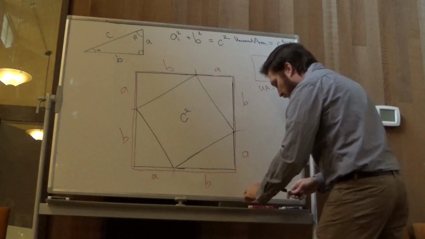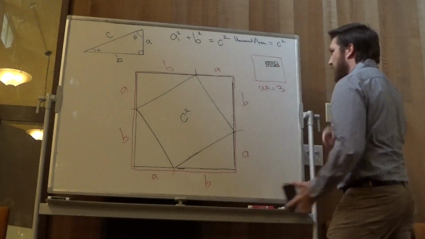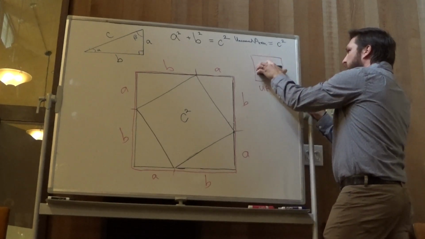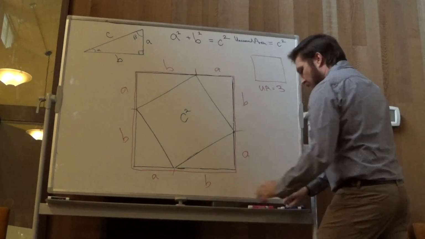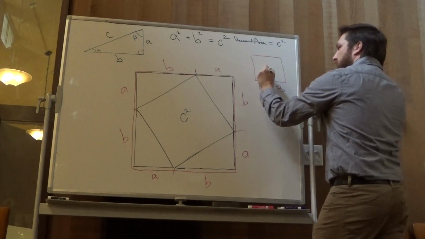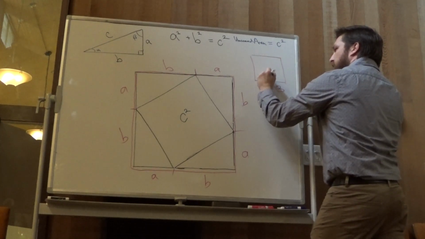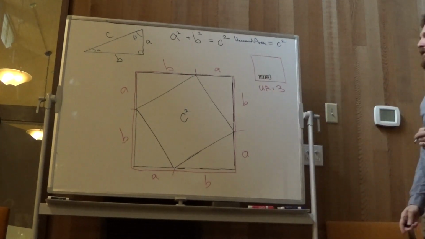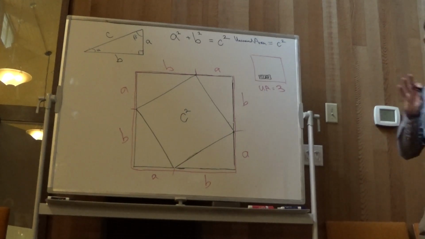Now let's say that I took that box and I moved it. I'm not stretching the box, I'm not compressing the box, I'm just going to move it down here. What's the uncovered area of the box? 3. I haven't changed it, right?